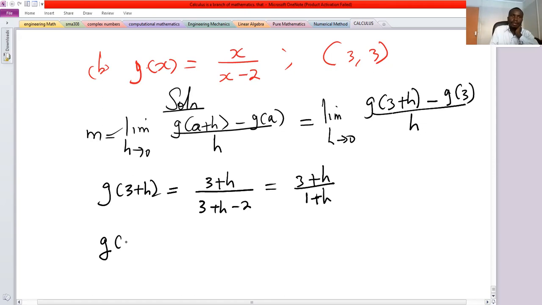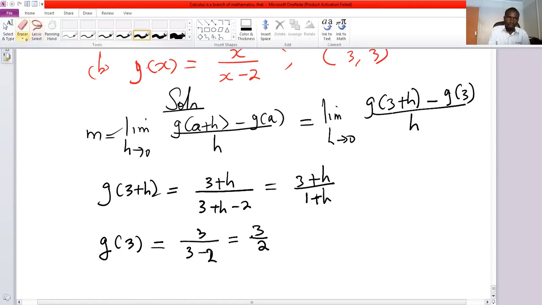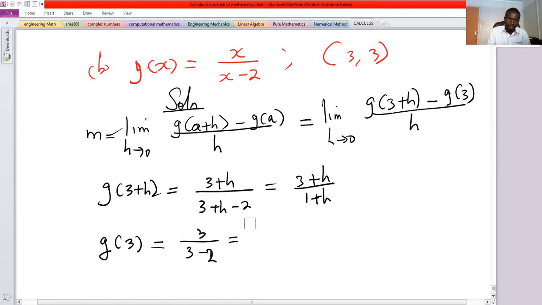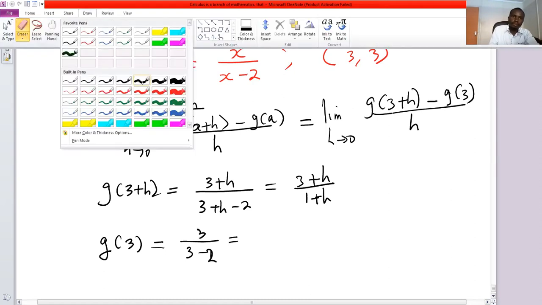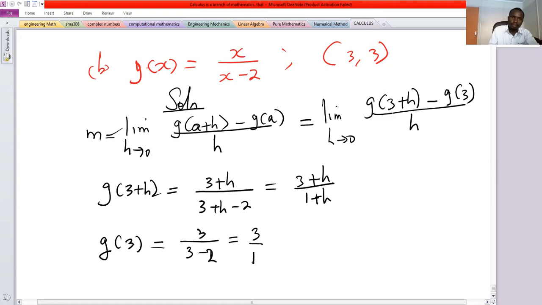And g of 3 is given by 3 over 3 minus 2, which is 3 over 1, so just 3.